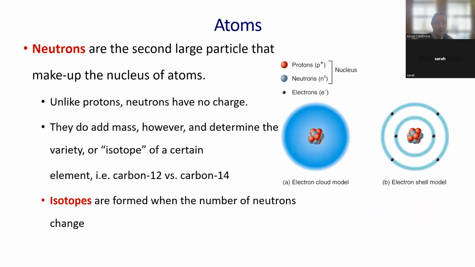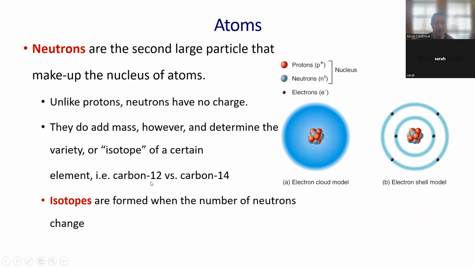Neutrons are the other component of the nucleus. Neutrons help make up the mass of the nucleus of the atom. The number of neutrons is variable, right? So a standard carbon atom is going to have 6 protons and 6 neutrons, 6 of each.